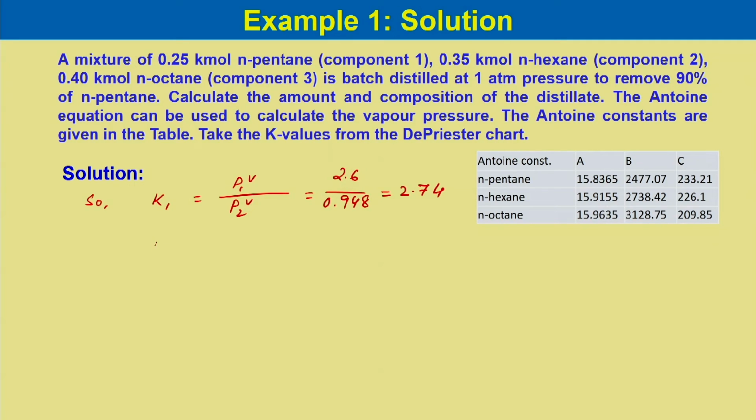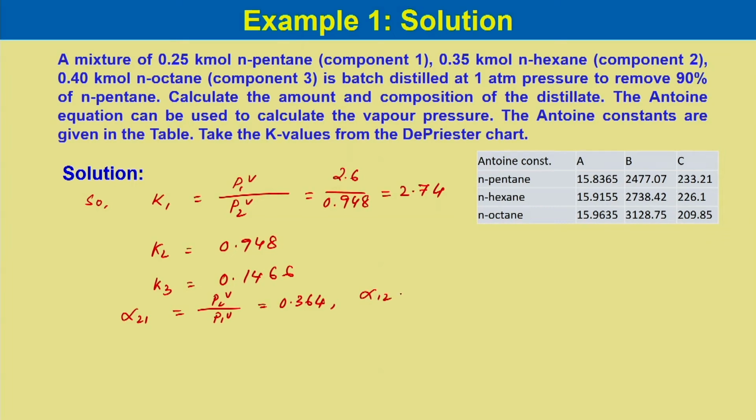K2 is 0.948 and K3 similarly we can get 0.1466. Once we obtain K1, K2 and K3, we can obtain alpha 21, which is equal to P2V by P1V, which is equal to 0.364.